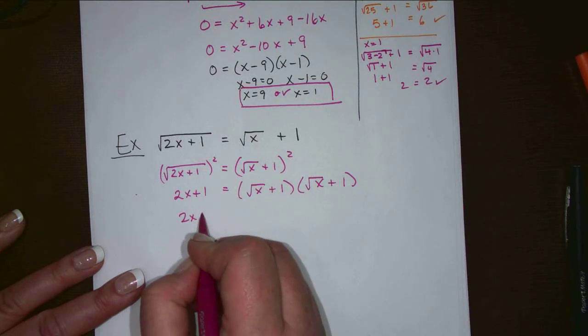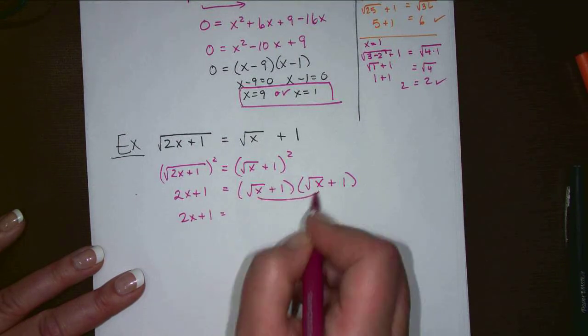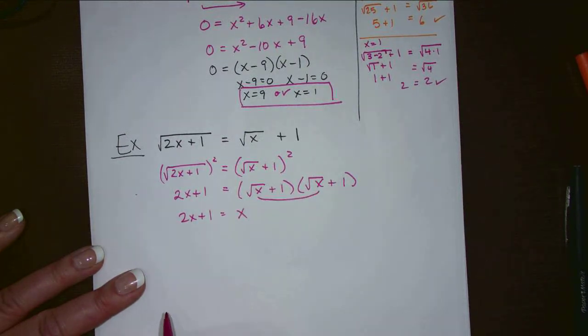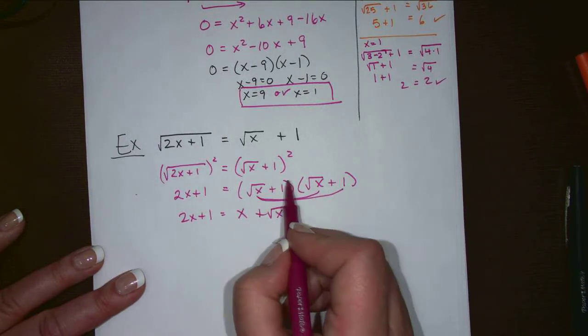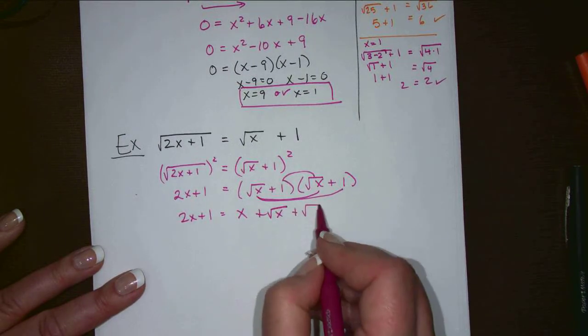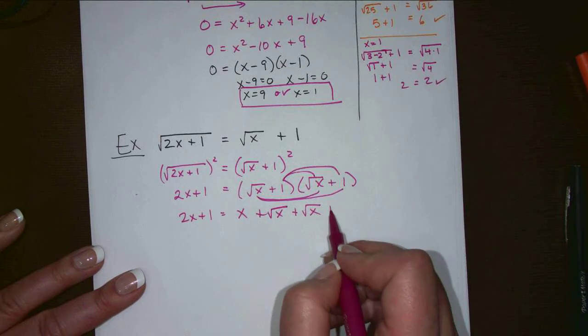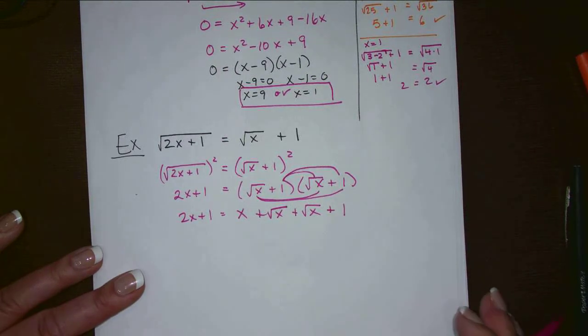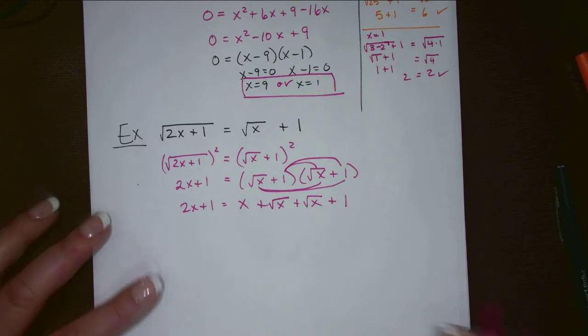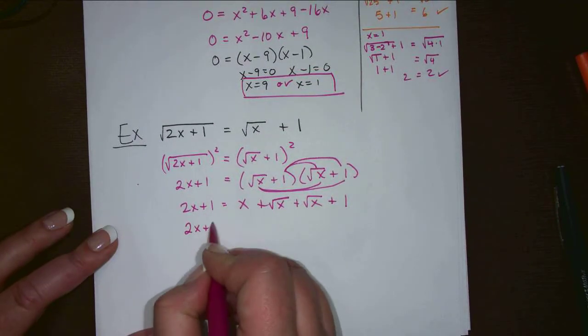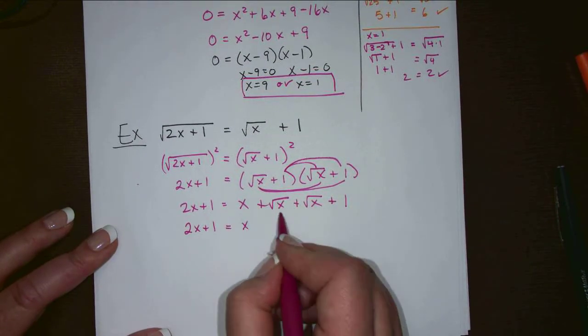Root x times root x is x. Root x times 1 is 1 root x, plus another root x, and 1 times 1. Okay, so these combine to be 2 root x.